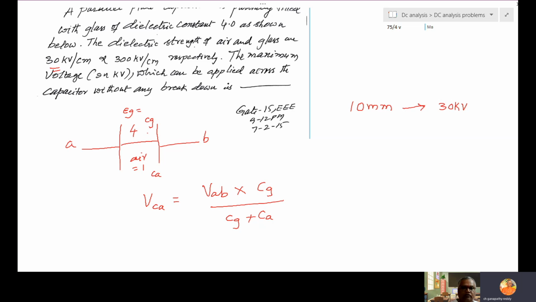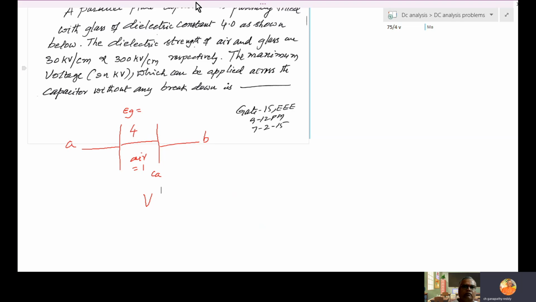And this problem I have done wrong. What is given is different to what I have done.